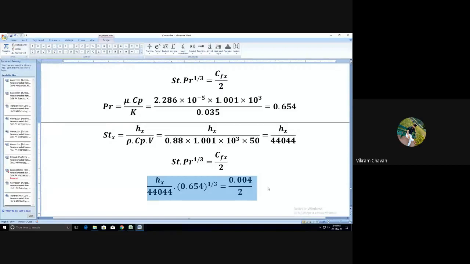Most of the time in the convection chapter, there are some complicated relations. Most of the time in the problem statement they mention the relationship, and we have to consider that relation only and solve the problems.